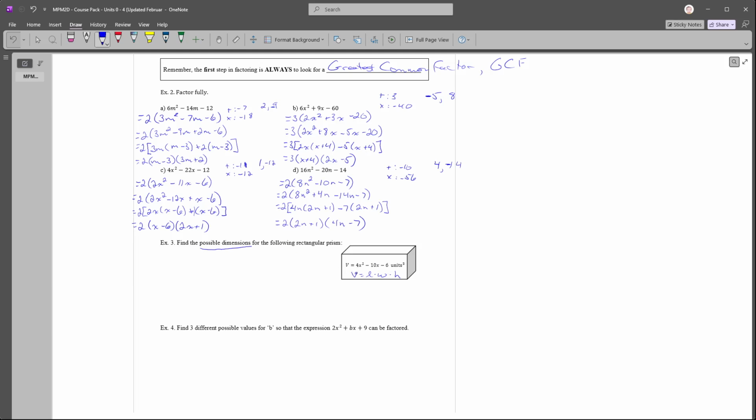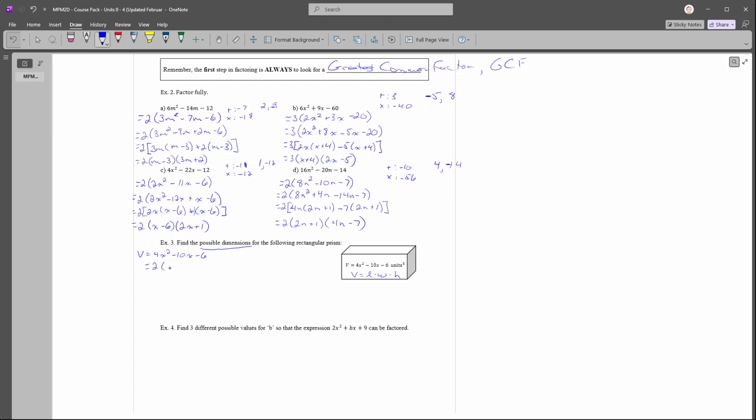So let's start off by doing what we know. Let's factor this thing. So we have V is equal to 4x squared minus 10x minus 6. We start off by doing the same thing we always do: find a greatest common factor. In this case, we're looking at a 2.